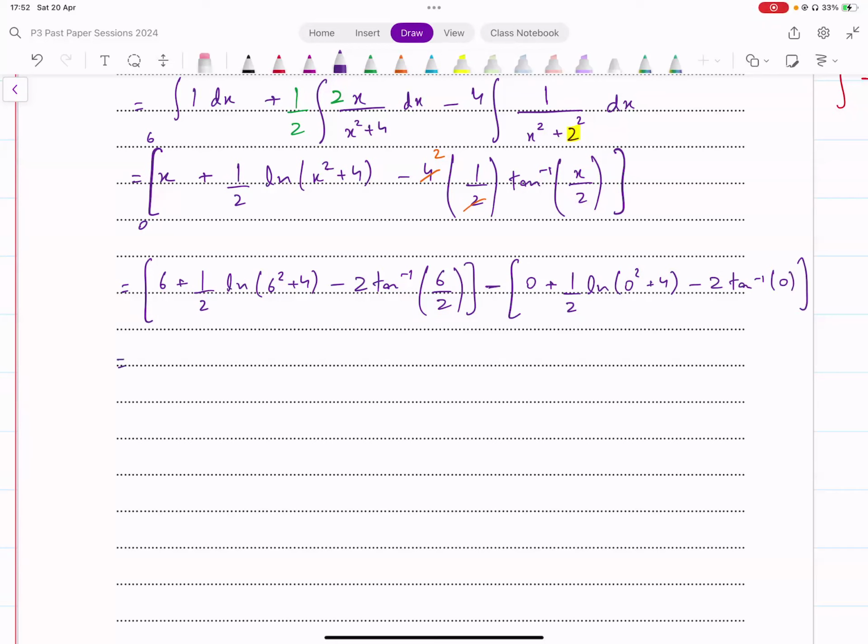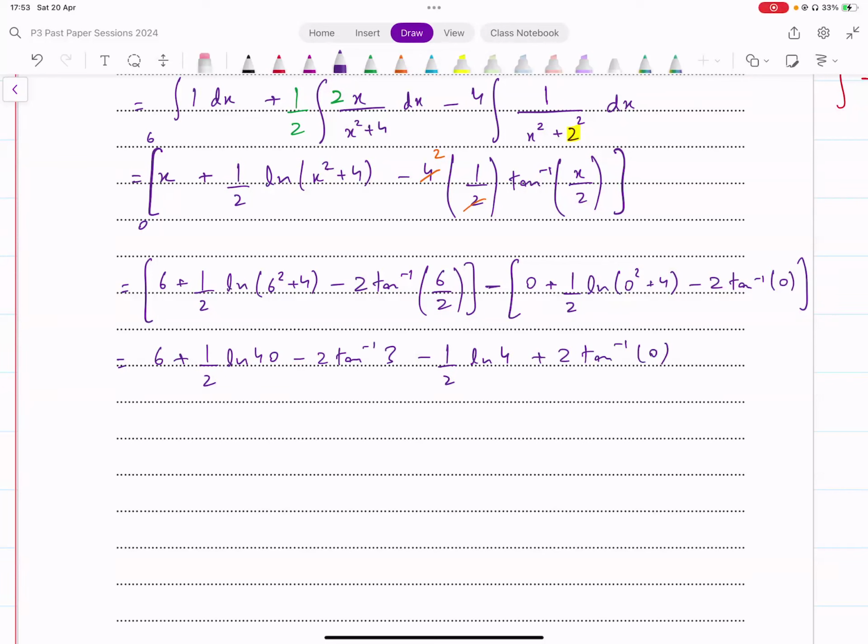Now let's simplify this. Remember, we want an exact answer at the end, so we can't put the whole thing on our calculator. So it gives us 6 plus 1 over 2 into ln of 36 plus 4, that's ln of 40, minus 2 tan inverse of 3, minus 0 minus 1 over 2 into ln of 4 plus 2 tan inverse of 0.